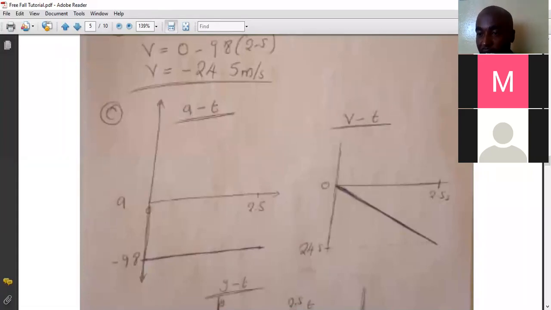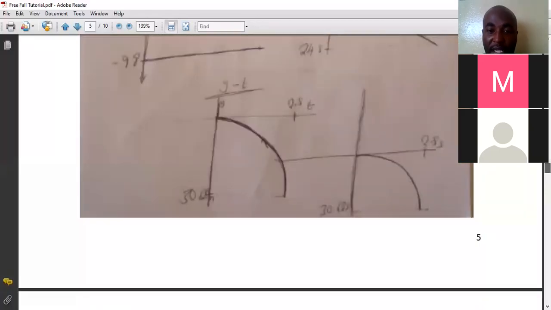Then the position time graph is almost always a quadratic. Since you are dropping from the 0 initial point, that's your 0 displacement point, it should be a graph going down like that.